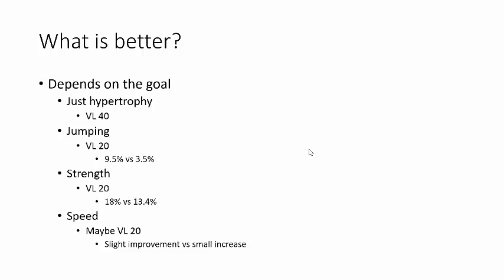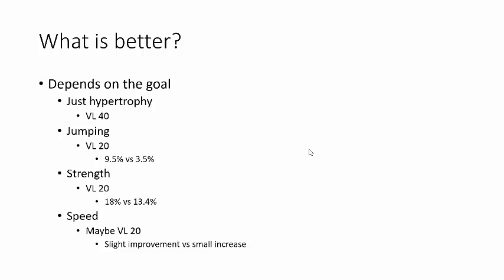We saw a 9.5% improvement in the countermovement jump versus 3.5%, favoring the 20% velocity loss. So what's jump height dependent on? The speed of the center of mass upon takeoff. Whenever we trained with lower fatigue at higher velocities, we saw a better improvement in jumping ability.